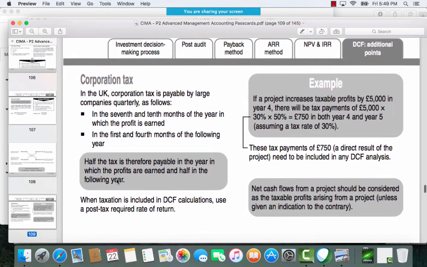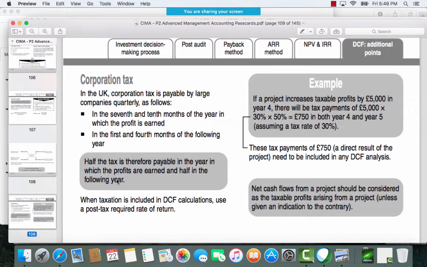Now here you go. When it comes to corporation tax, right, there is an example. If a project increases taxable profit by 5,000 in year 4, there will be a tax payment of 5,000 multiplied by 30%. So let us see this.